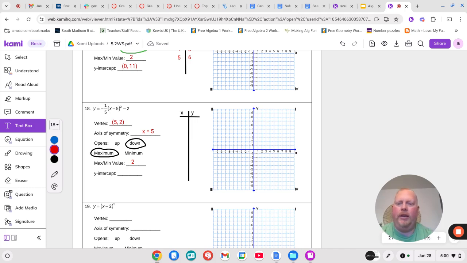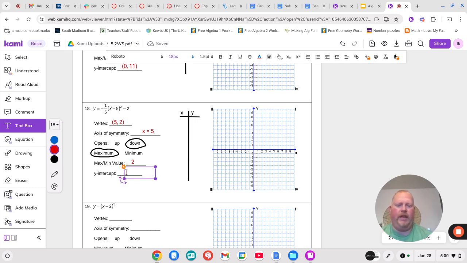And if I plug in 0 for my y-intercept, I get 25, and then I get negative 5, and so that's going to give me negative 7. Again, for the sake of time, I'm just doing that mentally in my head. Mentally in my head? Of course it's mentally if it's in my head. Anyway.